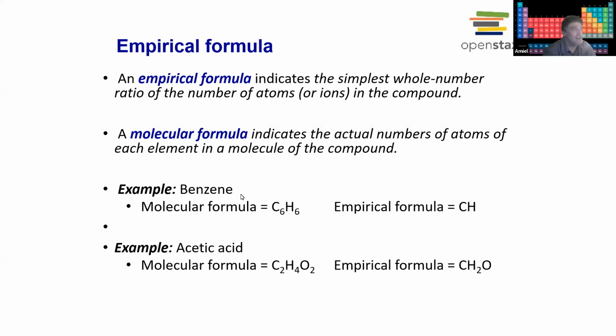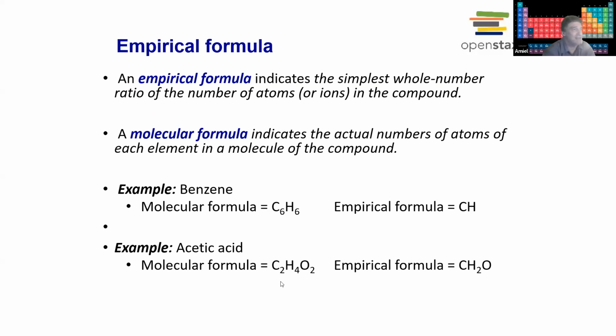Benzene has a molecular formula C6H6, but the lowest divisor for C6H6 is if you divide both of these by 6, 6 over 6 is 1, 6 over 6 is 1, the empirical formula is CH. So you divide the subscripts to get the lowest possible divisor for each one.